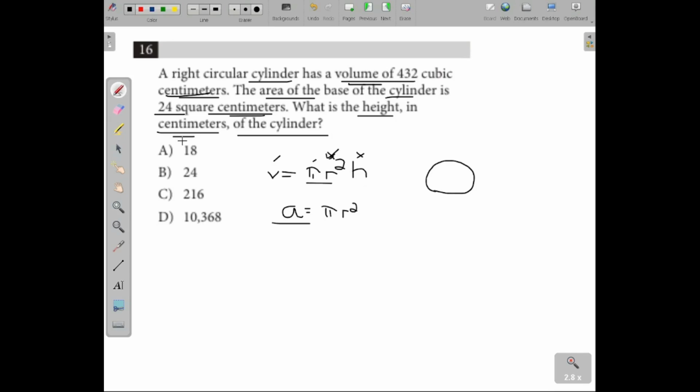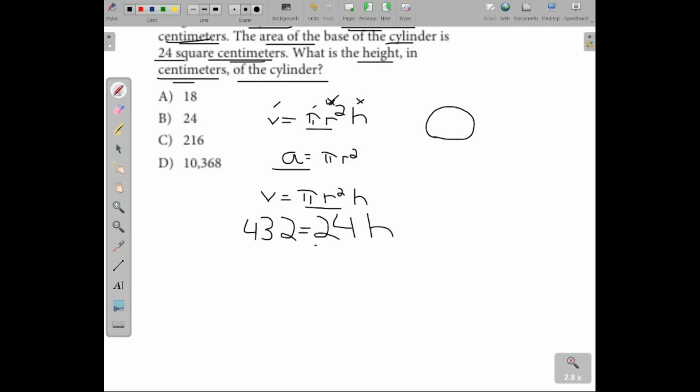And now we just have to replace to find the height. Let's copy the formula. The volume is equal to pi times the radius to the square times the height. So the volume is 432. We said that this is the area of the base of the cylinder, so it's 24 times the height that we need to find.